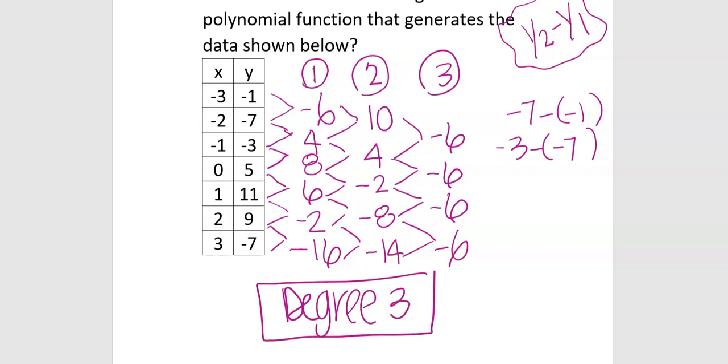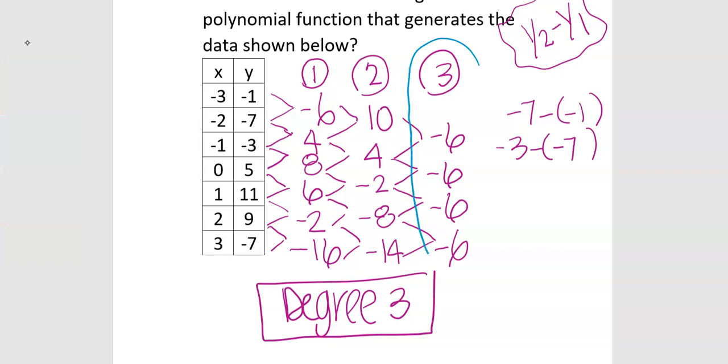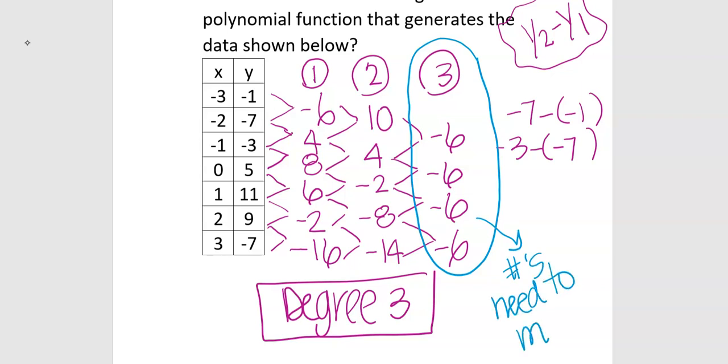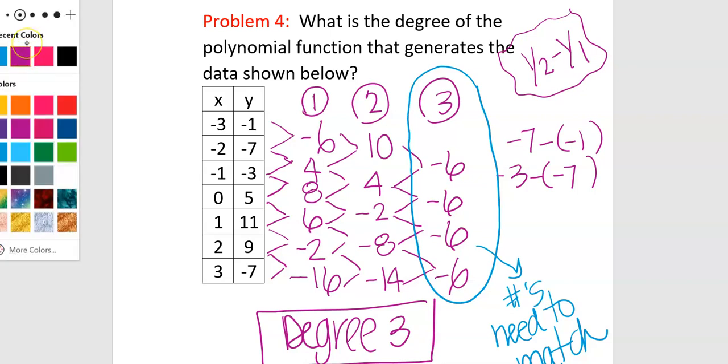So when those numbers match, you have found the degree that you are looking for. And that is the polynomial function that generates this data. So you'd have to keep going and find a third degree something there.